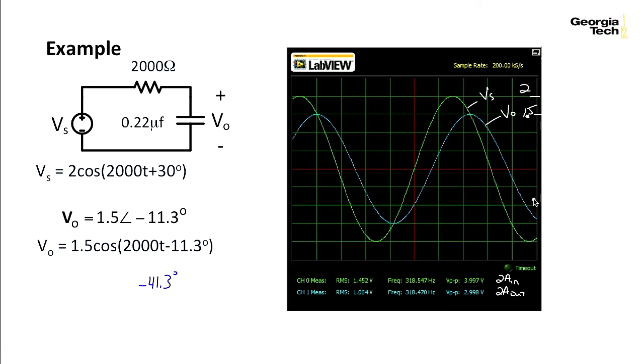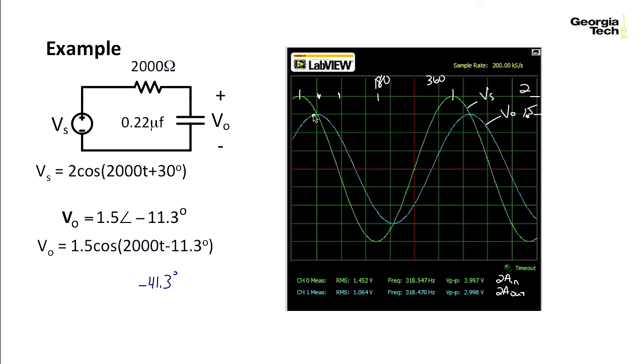What about in terms of the phase? Well, from here to here, remember, is 360 degrees, and half that distance would be a delay of 180, and half of that is 90, half of that is about 45, and the peak is just to the left of 45. In other words, it's not quite 45 degrees, and if I measure this more carefully, I could figure out what that phase delay is.